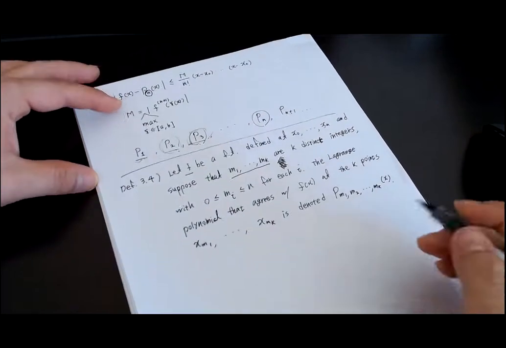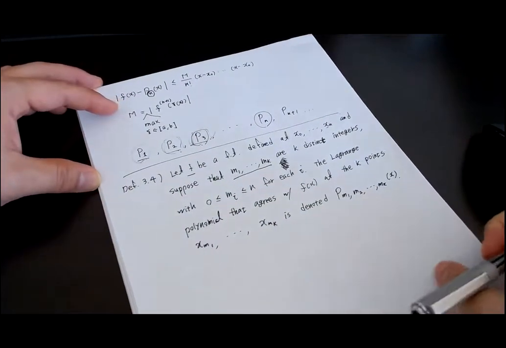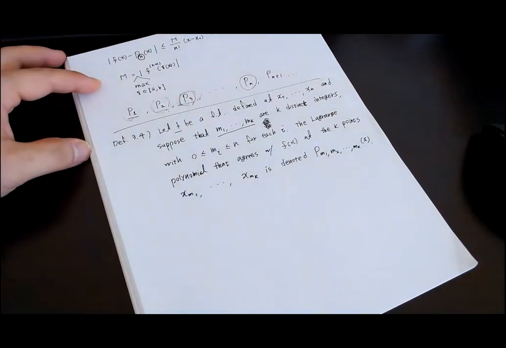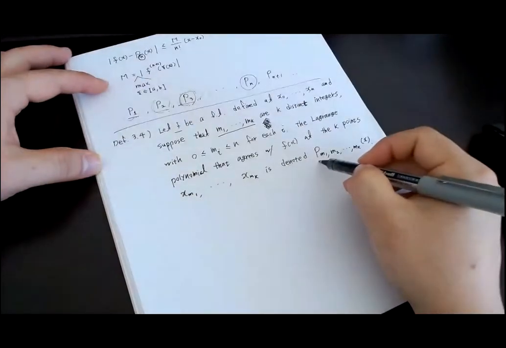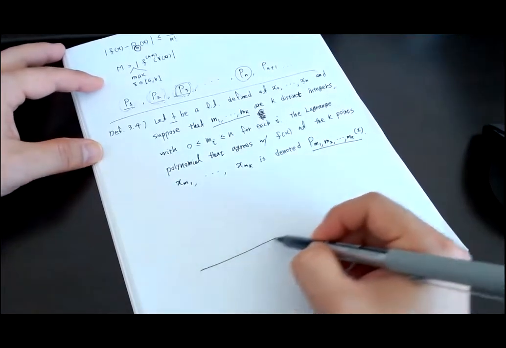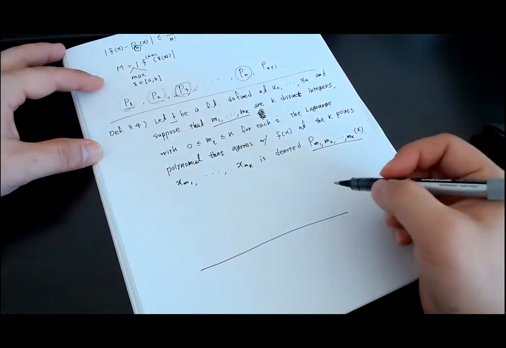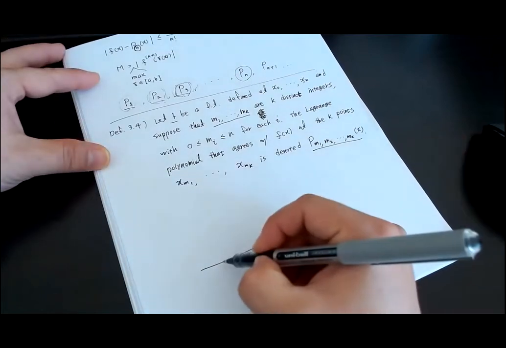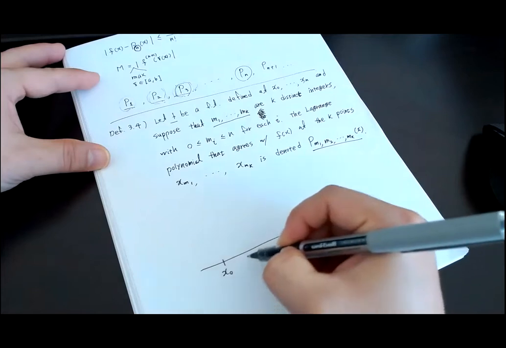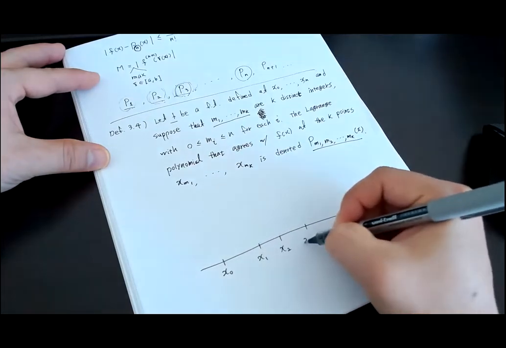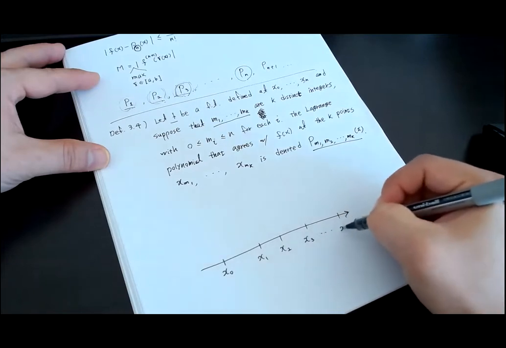Let me give you an example. I know some of you may find those definitions hard to understand. Think about this. This is the number line, the x-axis. Here x0, maybe x1, x2, and x3, through here xn.